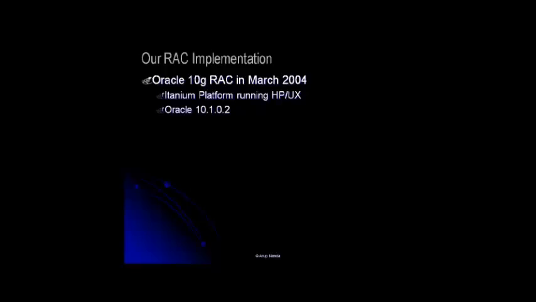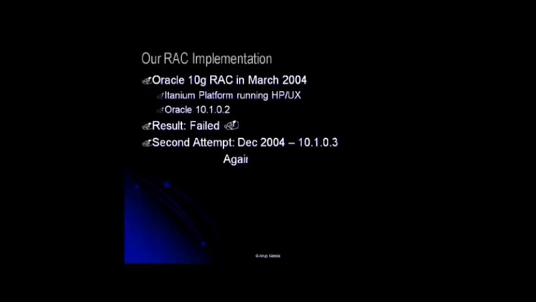In December 2004, the patch kit 10.1.0.3 was introduced. We attempted to apply the same approach to put the RAC cluster in. Result, we failed again. In March 2005, the 10.1.0.4 patch kit came out. At that time, we attempted and we were successful.